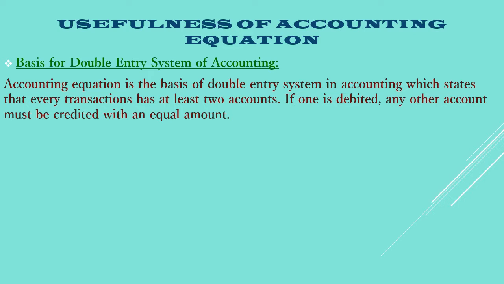Now, we will be learning about double entry system in the coming online classes. Just understand there are rules of doing accounting, and one of the rules says that every transaction has at least two accounts, one debit and one credit.